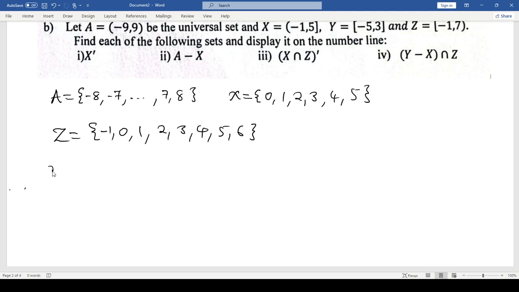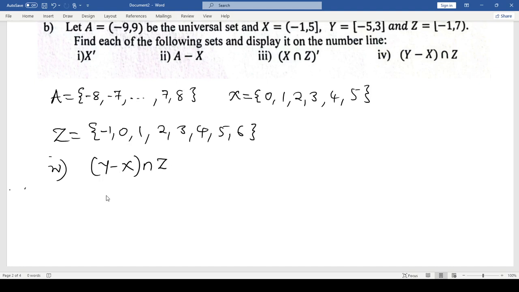Okay, so for the fourth one there, we have open brackets y minus x intersection z like this. So then we're going to break this down step by step so that we can get the final thing and present it on the number line.